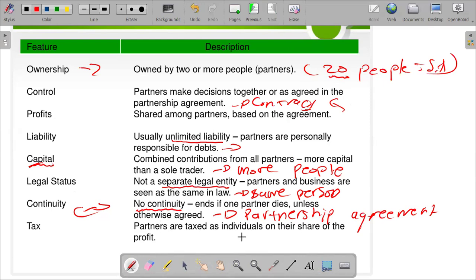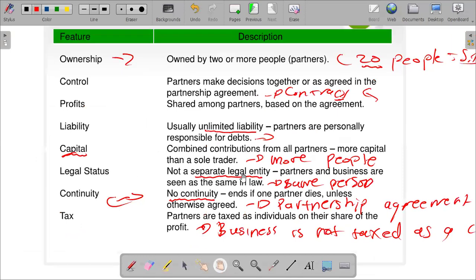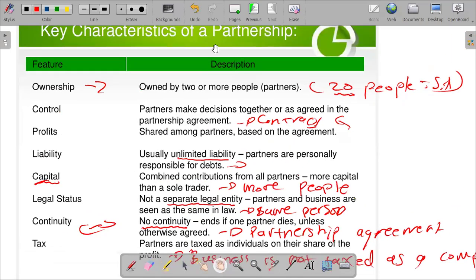And then partners are taxed as individuals on their share of the profit. So the business is not taxed as a company. So, yes, guys, those are the characteristics of the partnership.